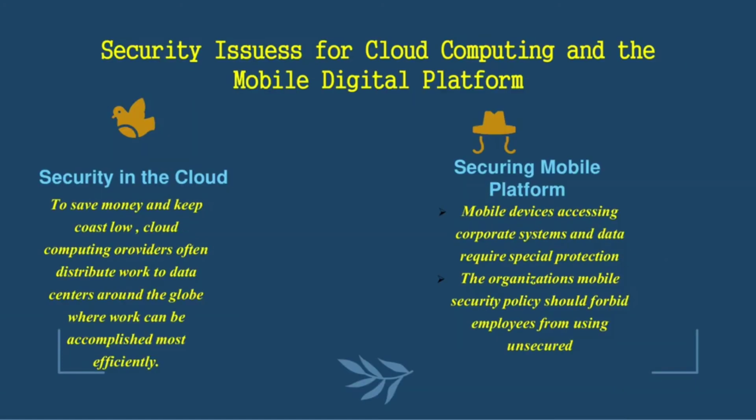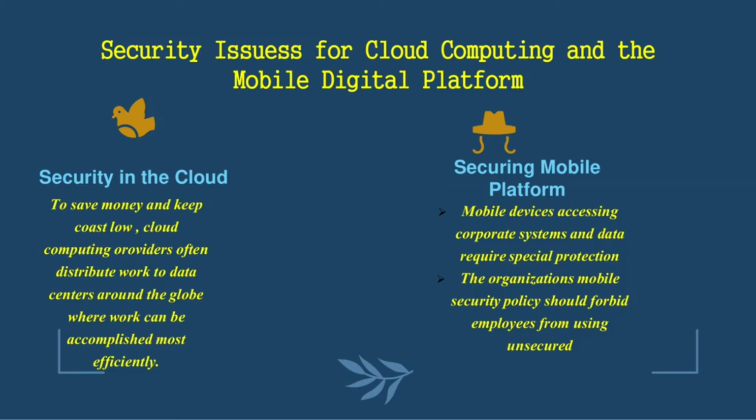Okay, for number 6, we talk about security issues for cloud computing and the mobile digital platform, which has two parts, security in the cloud and securing the mobile platform. Security in the cloud: to save money and keep costs low, cloud computing providers often distribute work to data centers around the globe where work can be accomplished most effectively.